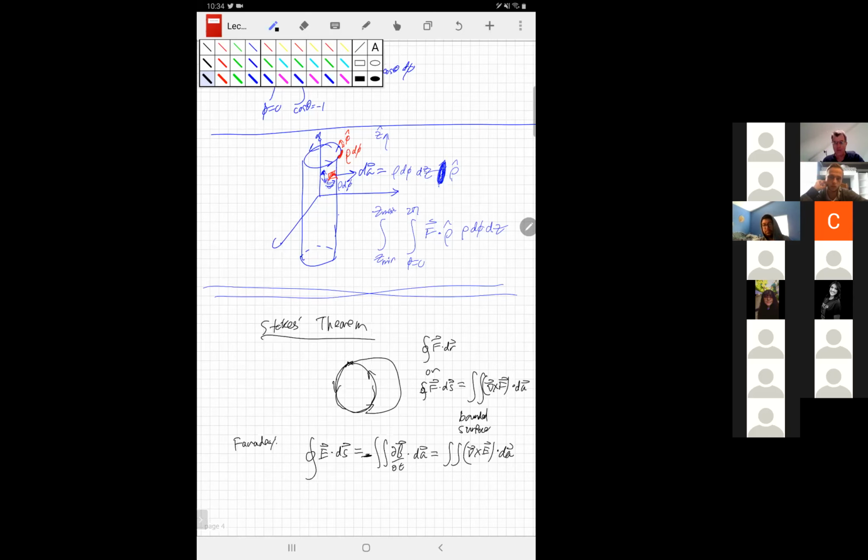And so we can equate the integrands: minus partial B partial t equals the curl of E.